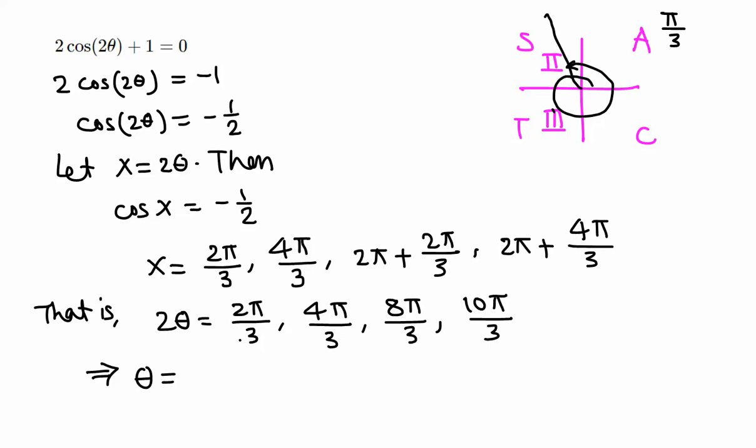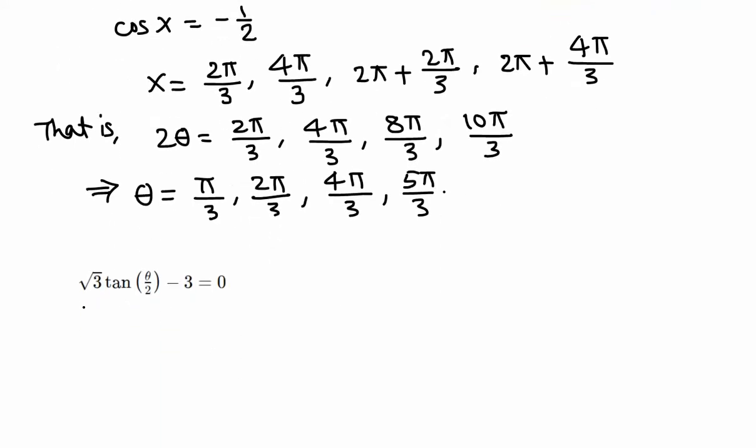Dividing by 2 means 2 on the bottom: 2 and 2 cancel, pi over 3. 2 on the bottom, 2 goes into 4 twice, so 2 pi over 3. 2 on the bottom, 2 goes into 8 four times, so 4 pi over 3. 2 on the bottom, 2 goes into 10 five times, so 5 pi over 3. So these 4 are the answers.